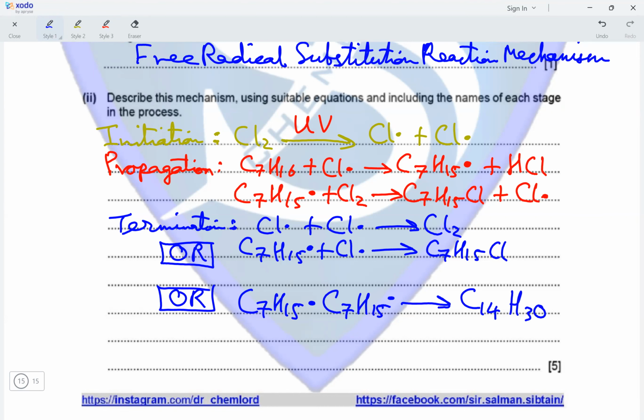So all of these steps can be possible in the termination of the free radical substitution reaction.